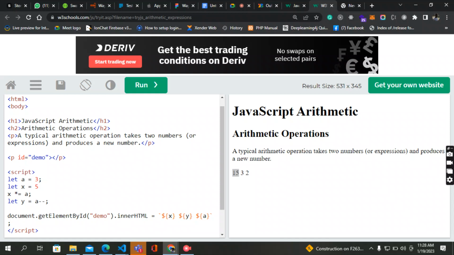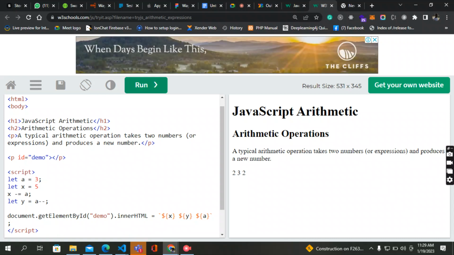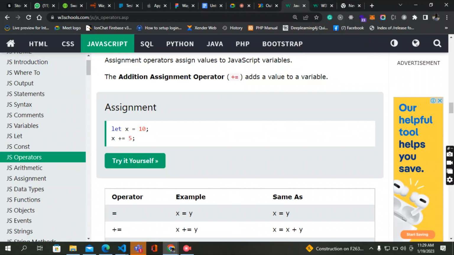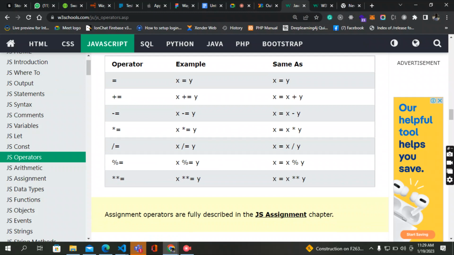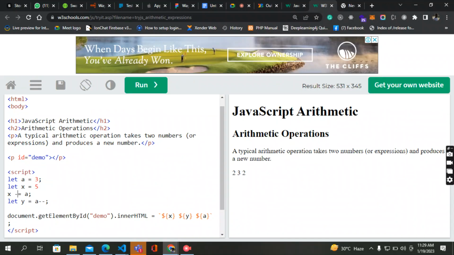Alright? So the same thing applies to plus and minus. 5 plus 3, 8. 5 minus 3 is what? Let's predict the answer. 2. So that's 2. And then what else? Which one again? We have modulus. Yeah, modulo. So the same thing.